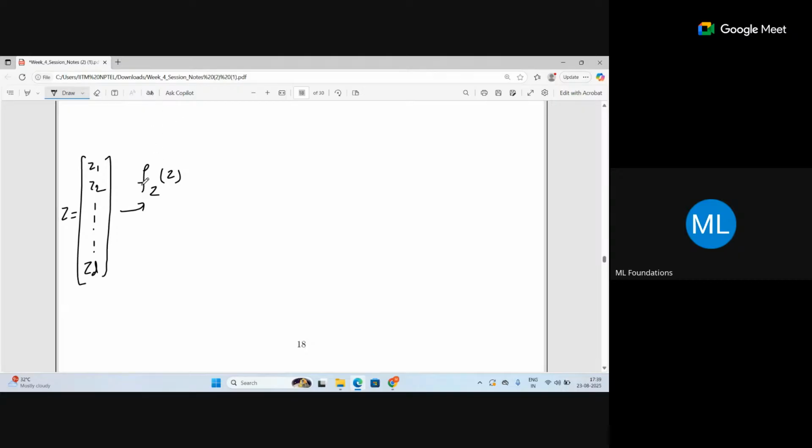And what is the density? The joint density looks like this: product of i equals 1 to d, 1 upon root 2 pi into e to the power minus half zi square. Is that correct? Is that fine?